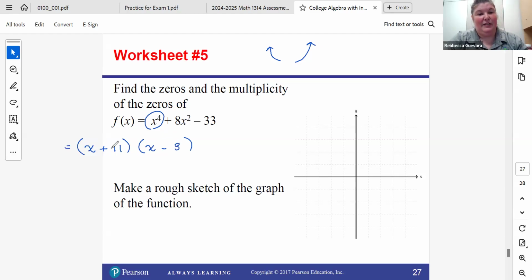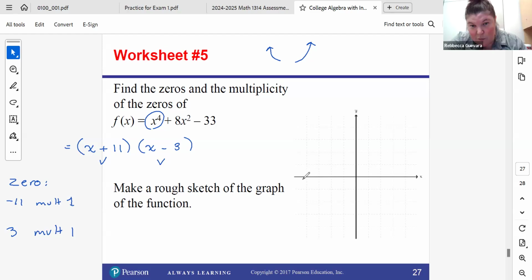It factors into x plus 11, x minus 3. So I have 2 zeros. I have a 0 at -11 because of this one with a multiplicity of 1. And then here I have another one at +3 with a multiplicity of 1.